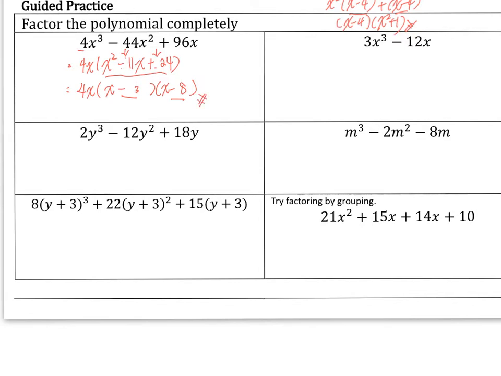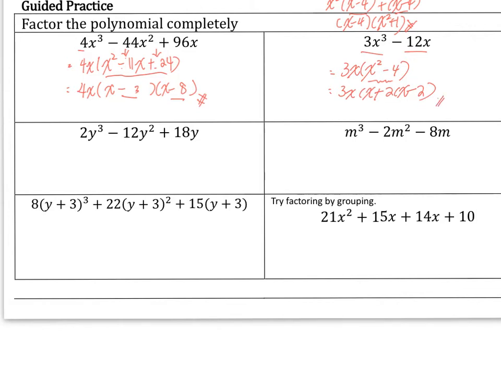And the next one, I need to find the GCF between these 2 terms. That makes 3x times x squared minus 4. And I notice that this is a difference of 2 squares. So I can factor this further.